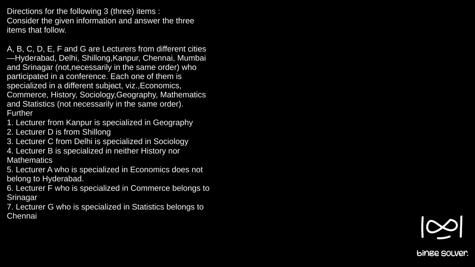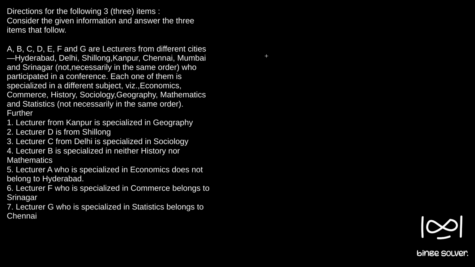Each one of them is specialized in a different subject, namely economics, commerce, history, sociology, geography, mathematics, and statistics, not necessarily in the same order. Further, 7 points are given. So we should use this information to answer the 3 following questions.